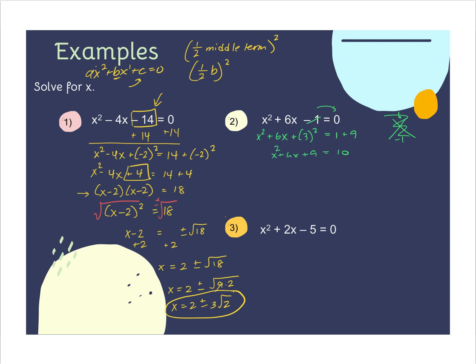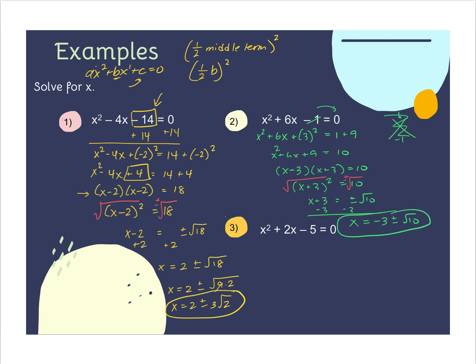Just in case, I don't want to skip a step just yet, so this is x plus 3 times x plus 3 equals 10, and then it's x plus 3 squared equals 10. Now I take the square root of the left, positive and negative square root of the right, and I get x plus 3 equals plus minus square root of 10, and then I subtract 3 from both sides. So x equals negative 3 plus or minus radical 10.